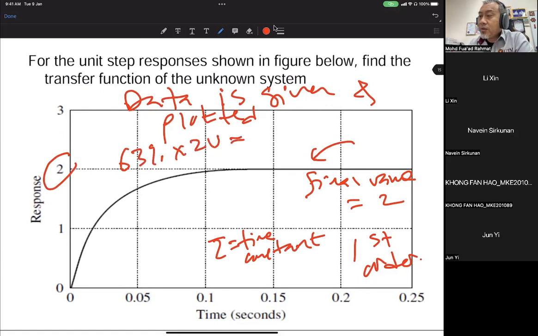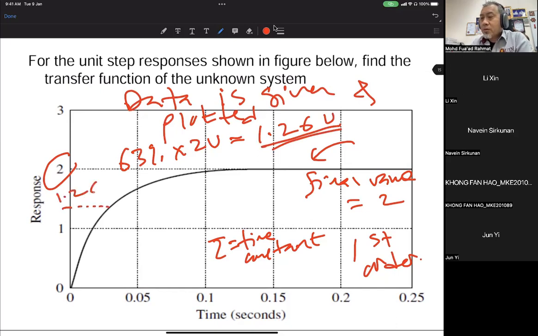So what is 63% multiplied by 2 volts? Nevin? 1.26, approximately. Yes, 1.26 volt is somewhere here.